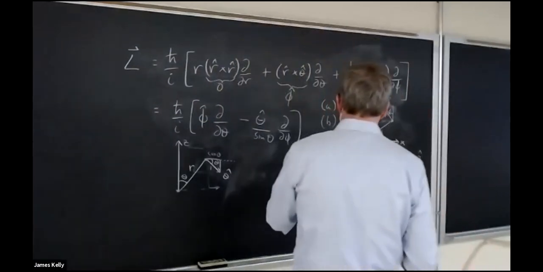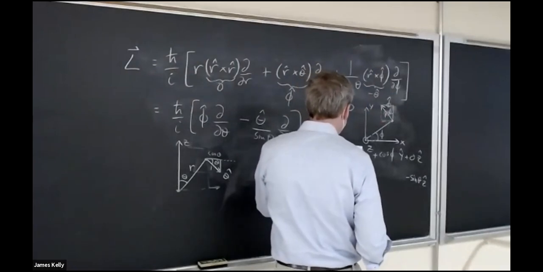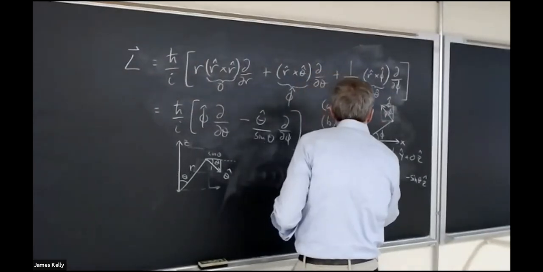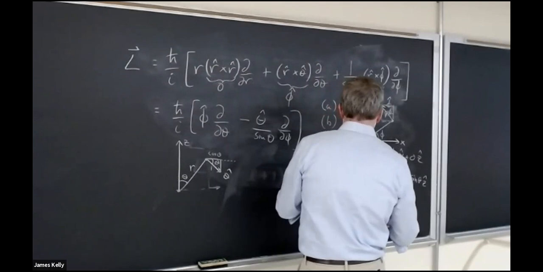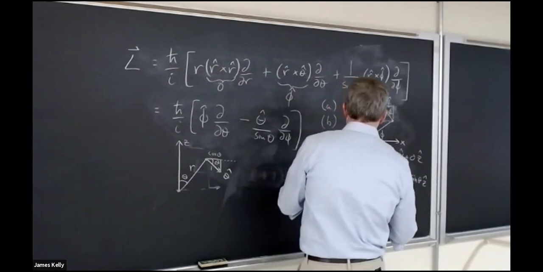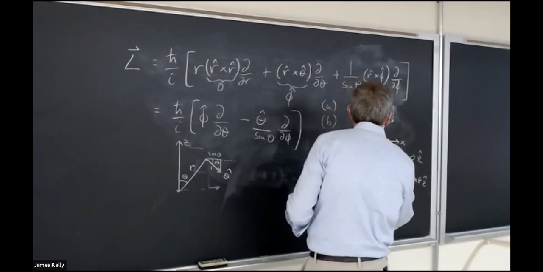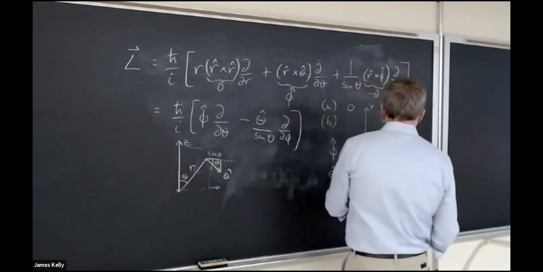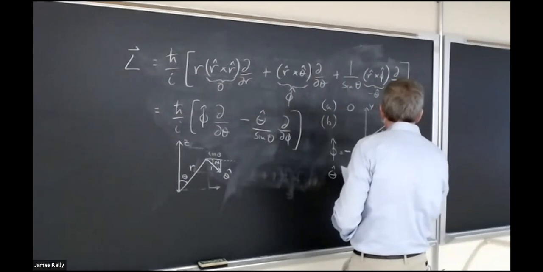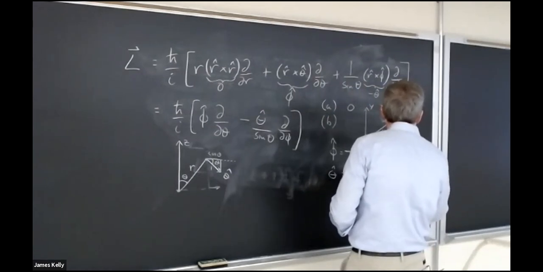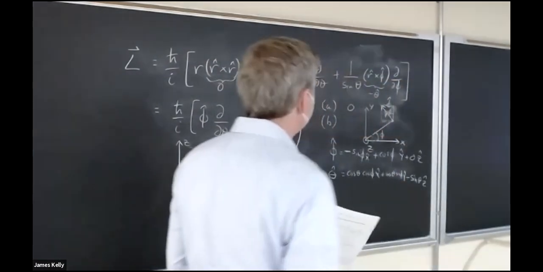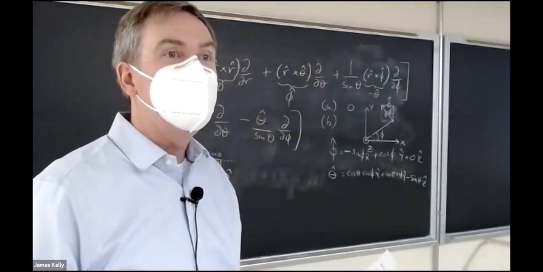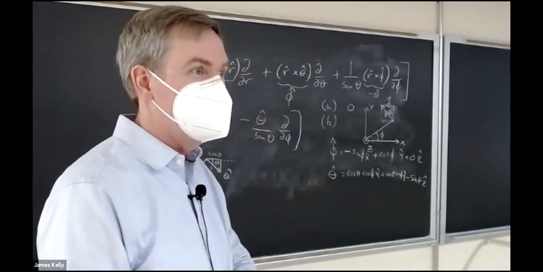And the final answer is you get cosine theta times the cosine of phi x hat plus cosine theta sine phi y hat. That one requires a little bit more thought and careful projections to be able to do the geometry and get those numbers.